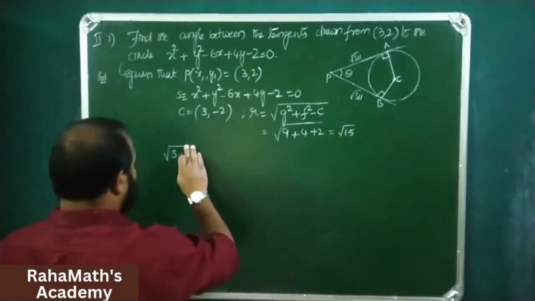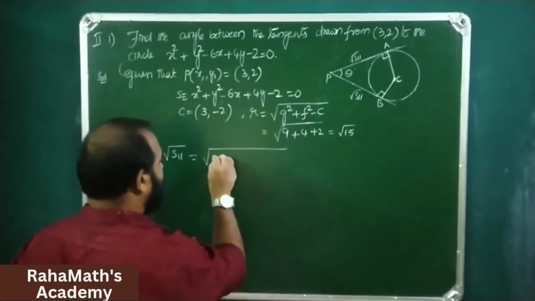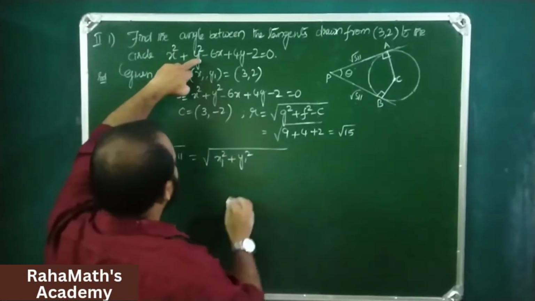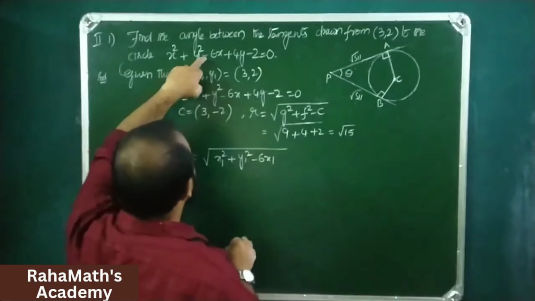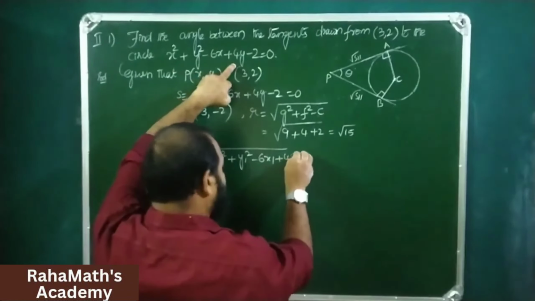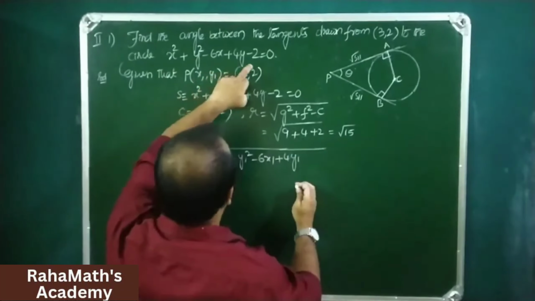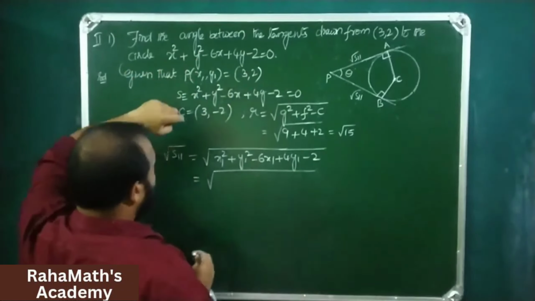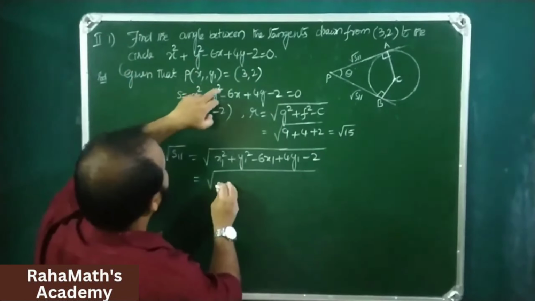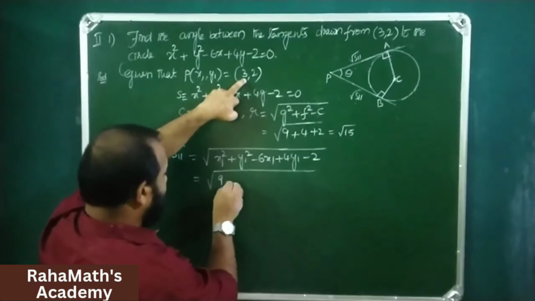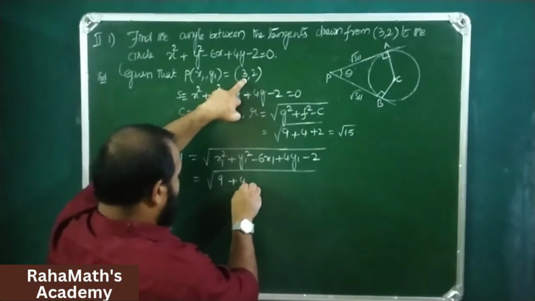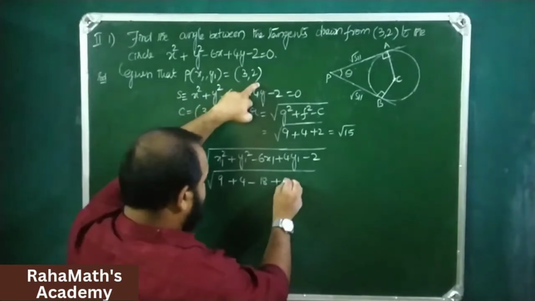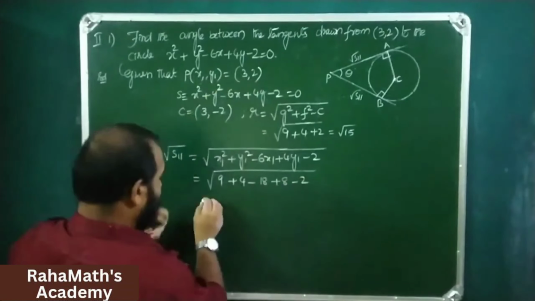So, root S11 is equal to square root of x1 square plus y1 square minus 6x1 plus 4y1 minus 2. That is equal to 3 square, 9; 2 square, 4; 6 threes are 18; plus 4 twos are 8; minus 2.